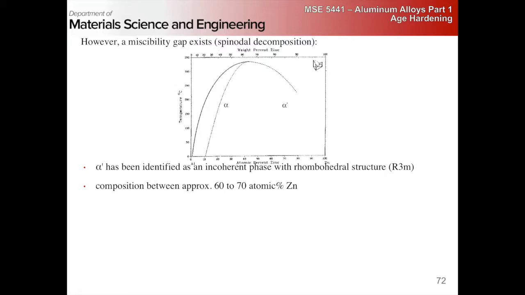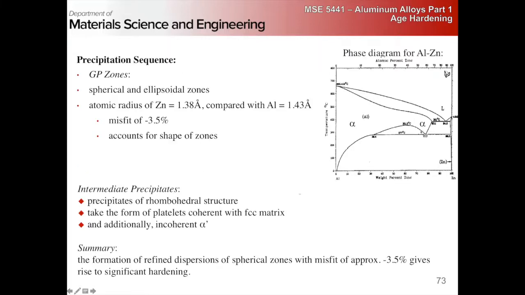Alpha prime is actually a rhombohedral structure, with compositions between 60 and 70 atomic percent zinc. If we're above here, we have a continuous transition from FCC to rhombohedral. At a slightly lower temperature, we have phase separation by spinodal decomposition.